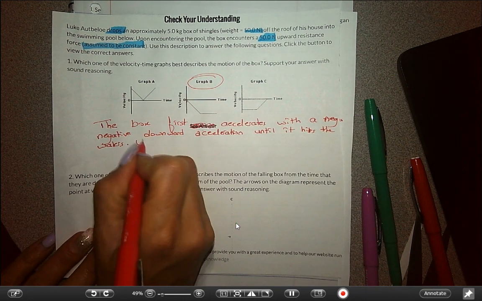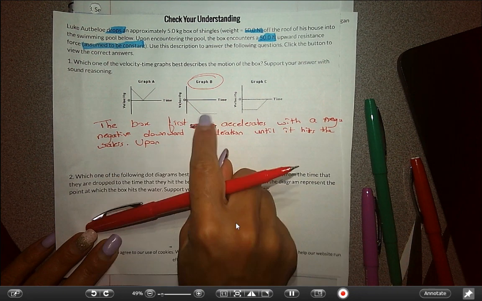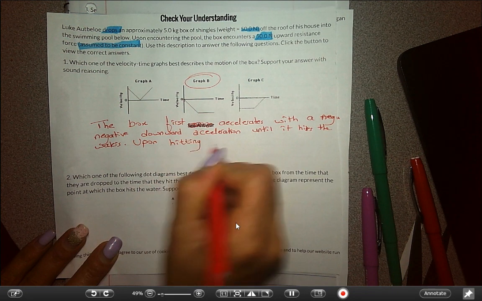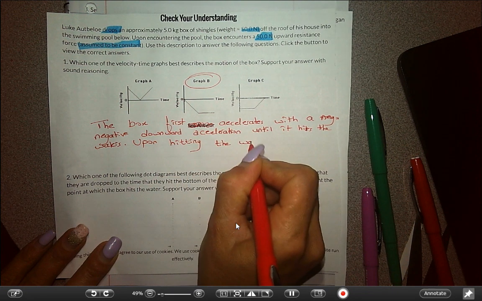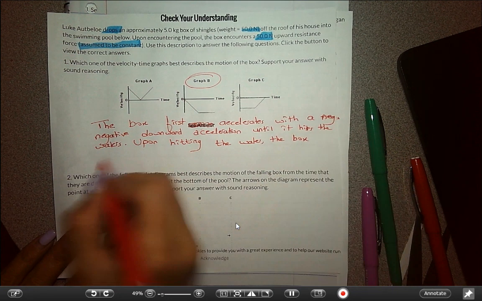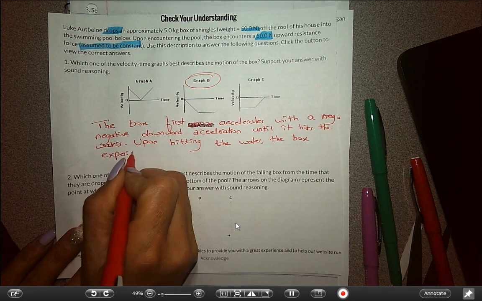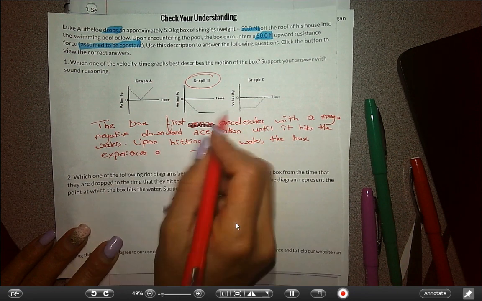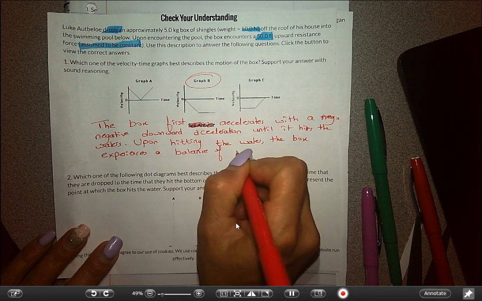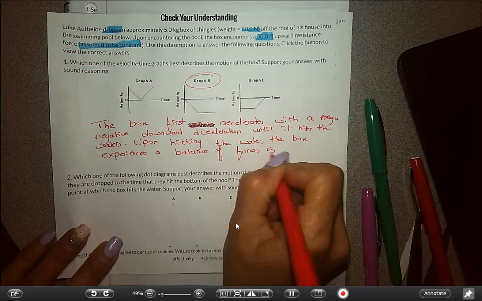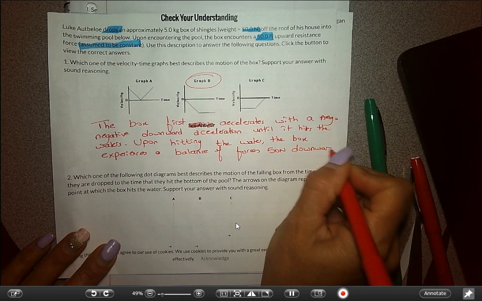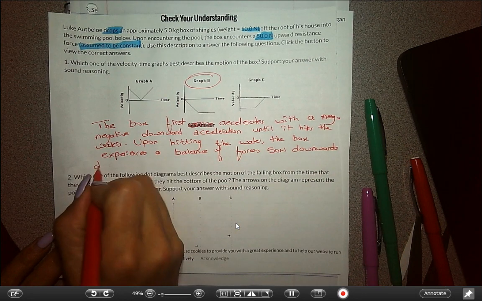All right, upon hitting the water, what happened when it hit the water? The box experiences a balance of force: 50 Newton downward, and why is that?